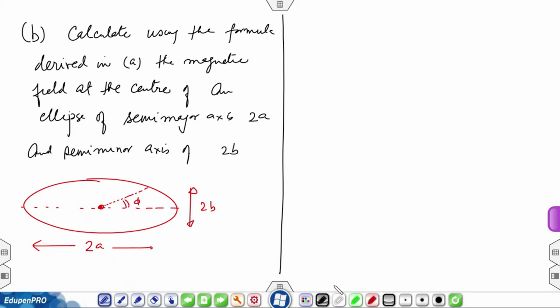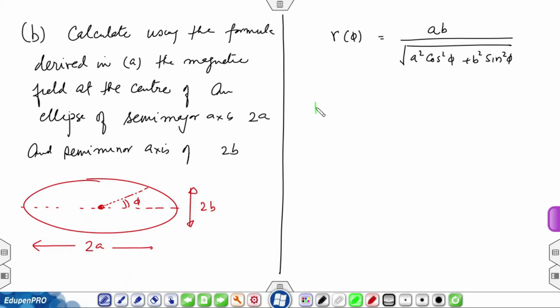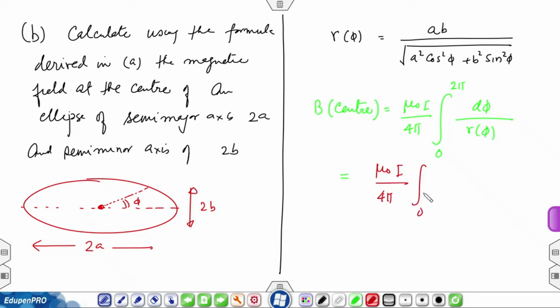In the case of ellipse, r phi is given as ab over square root of a square cosine square phi plus b square sin square phi, and therefore, B at the center will be equal to mu 0 I over 4 pi integration 0 to 2 pi d phi over r phi, which in this case will come out to be mu 0 I over 4 pi integration 0 to 2 pi d phi square root of a square cosine square phi plus b square sin square phi over ab.